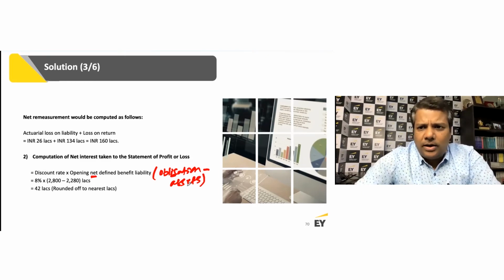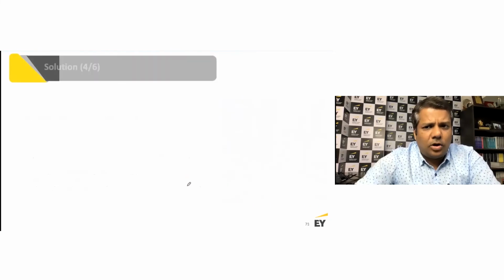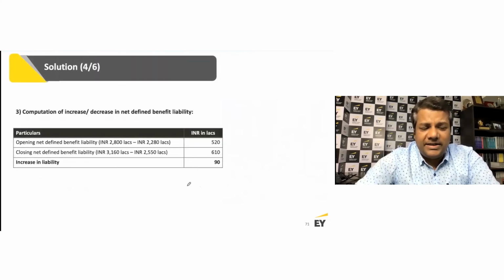So now I'm left with the computation of the increase or decrease in net defined benefit liability. So opening net was 520. The closing net defined benefit liability is 610. The increase in liability is 90 rupees.